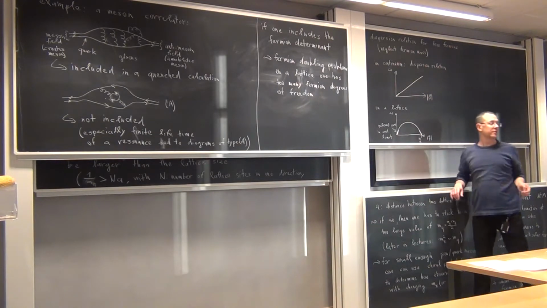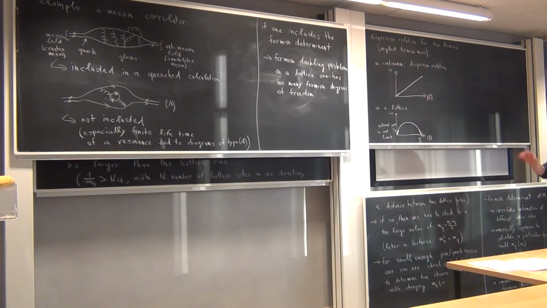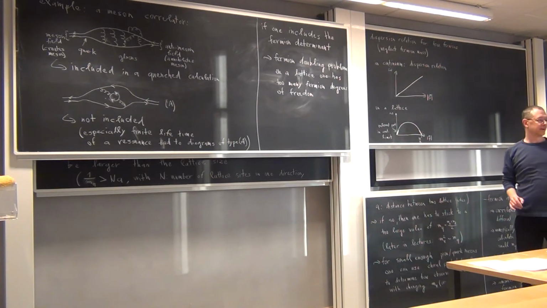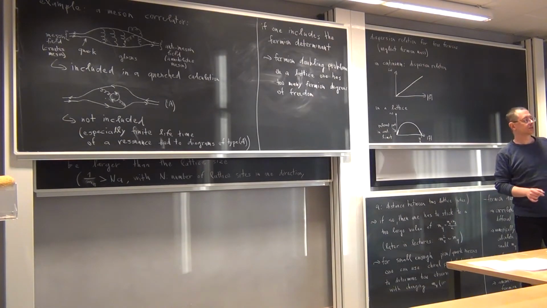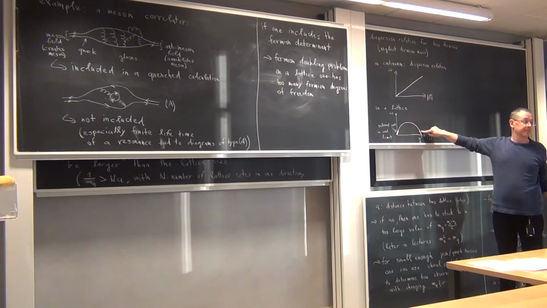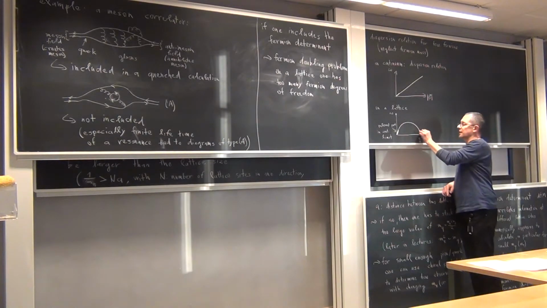Well, this is something which in the naive continuum limit disappears. This is so far out that I don't need to bother about that. But for every finite box, for every finite lattice distance, this is not at infinity. This is somewhere. And in a sense, this here is a second fermion.